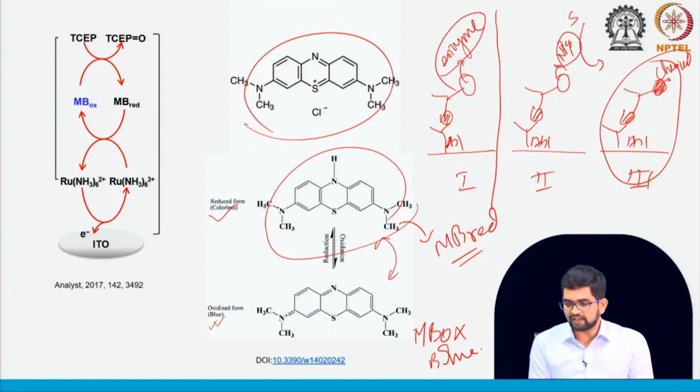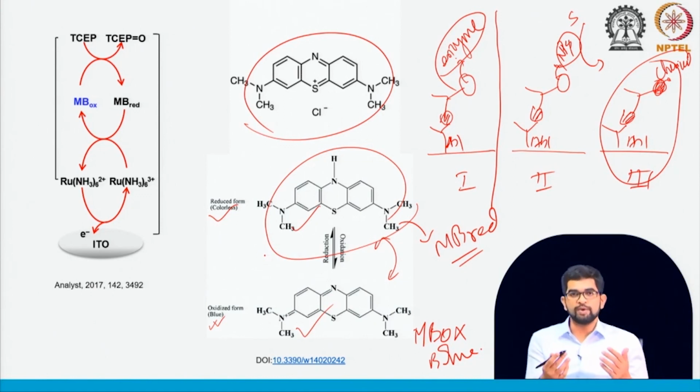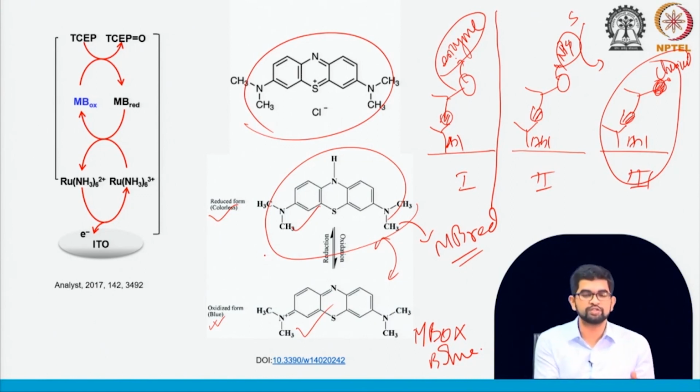One positive part here: in the last classes, in the few slides I showed, enzymes or nanoparticles do not directly take part in the redox cycling. But in this case, as it is a chemical, the reduced form and the oxidized form can directly take part in the redox cycling. So we do not need some extra chemical, and we can reduce the number of chemicals. Sometimes you may ask, sir, if we use this kind of amplification process with redox cycling, we need many chemicals.